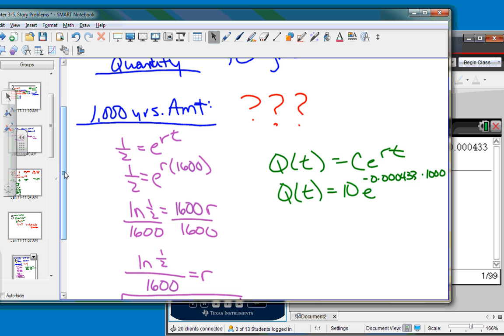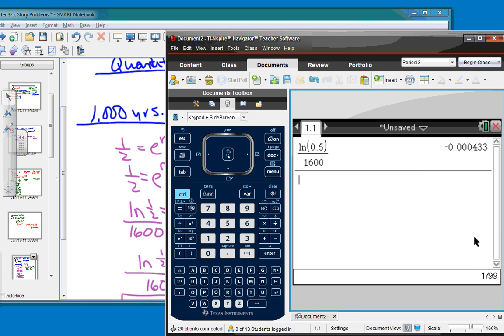Now, how do I do that on my calculator? Watch. Okay? 10, E, arrow up. Go get that and hit enter. Times 1,000. Why does my rate look different than what it is up there?